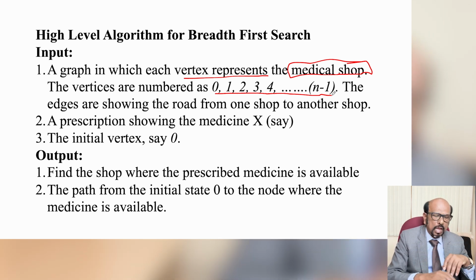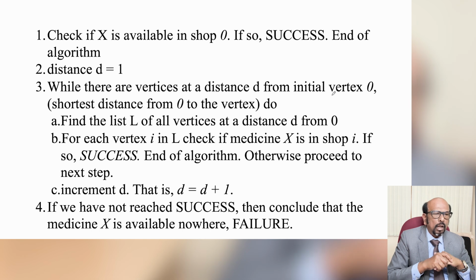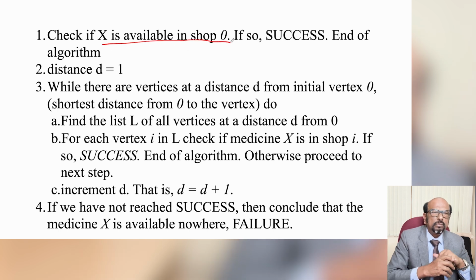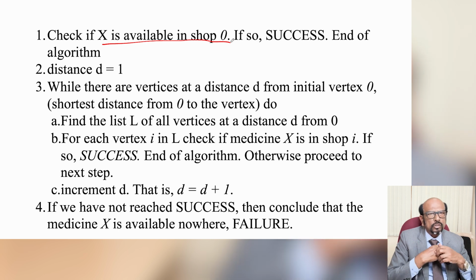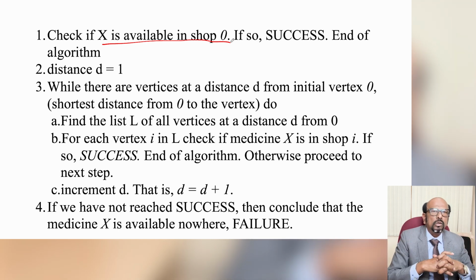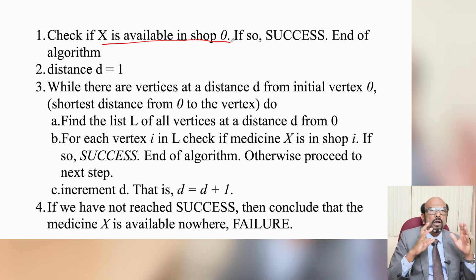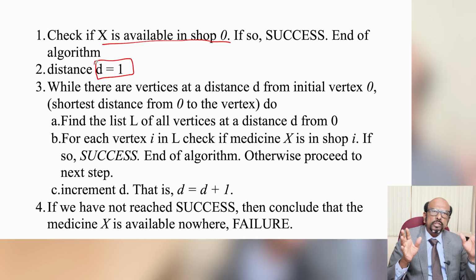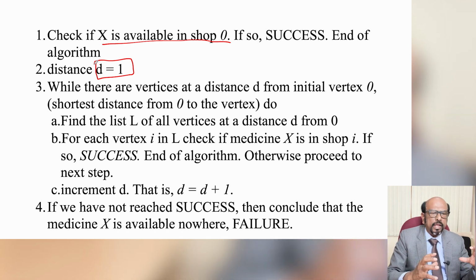Let us see how we are going to run it. First, what is the first step? Check if the medicine is available in shop 0. If the medicine is available in shop 0, you are in the initial state, so you are done. If it is not available, then you assume D equal to 1 because we are going to search the nodes at a distance 1 from the initial state.